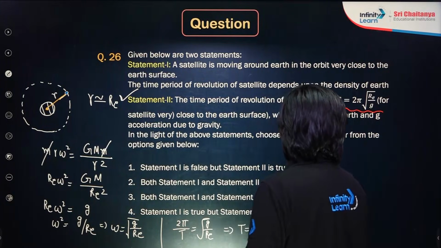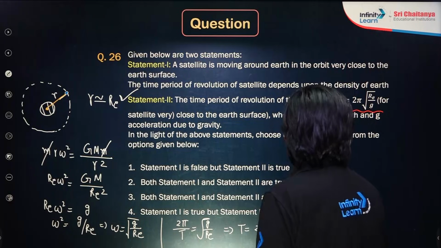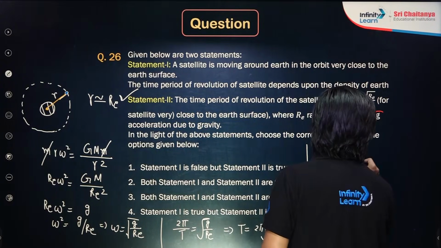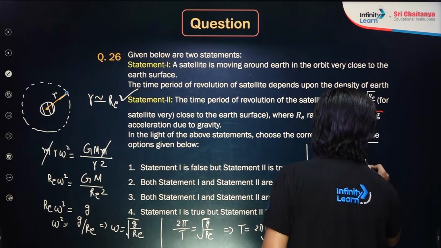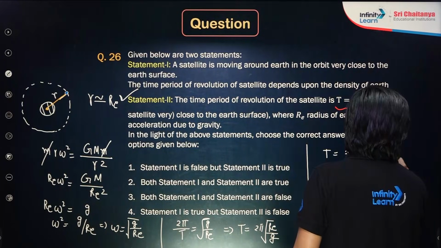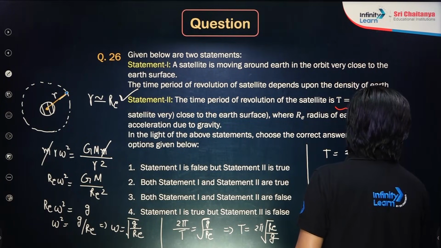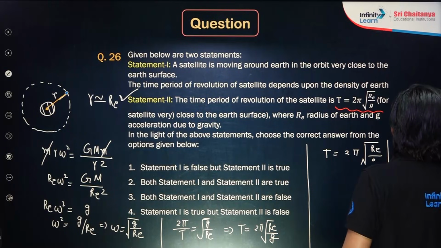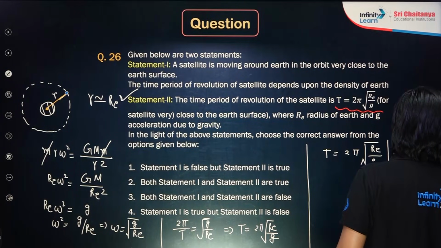Now what about the first statement? The time period you can write as 2 pi into square root of Re by g. In place of small g, if I want to convert it into the form of density, I can write g equal to G into capital M divided by Re square. That capital M can be written as 4 pi by 3 into Re cube into rho.